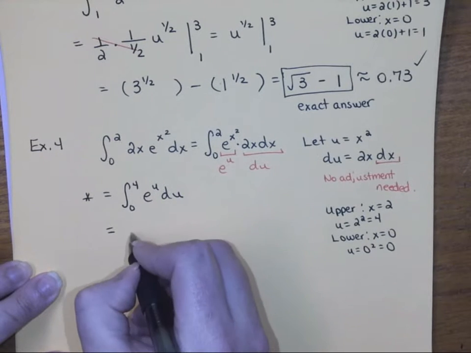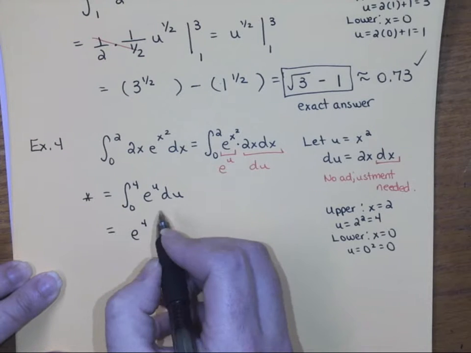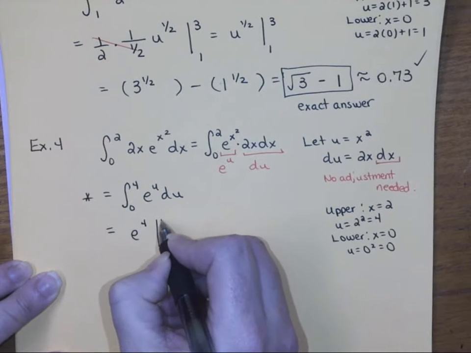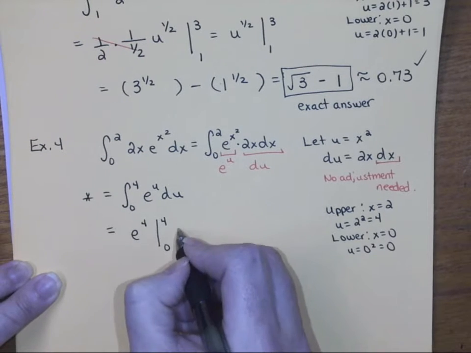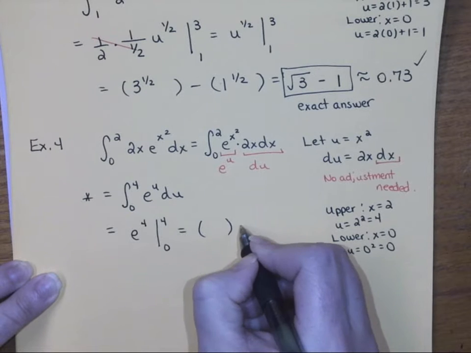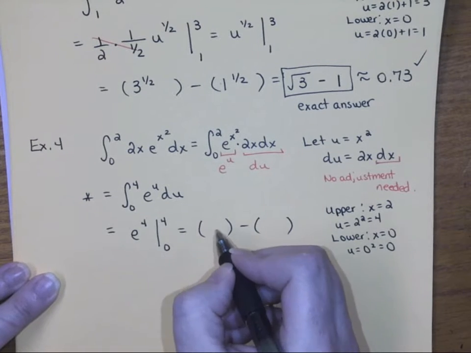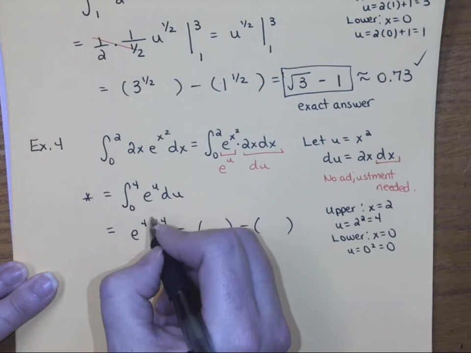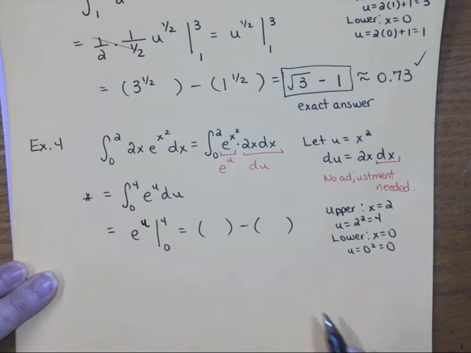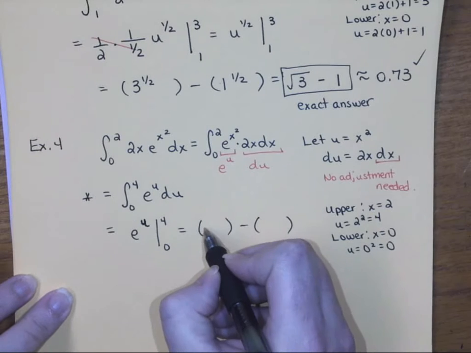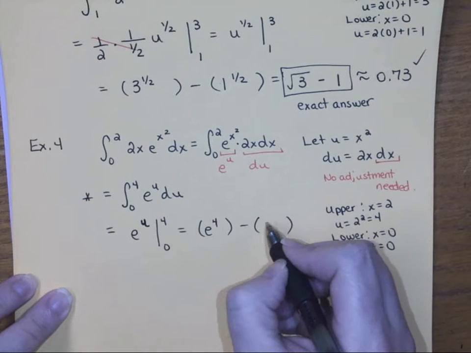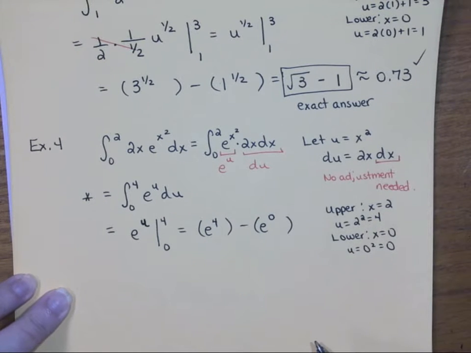So what's the antiderivative of e to the u? Just itself. And then don't forget we need to plug in 4 and 0 and subtract them. So we have something minus something else, right? I'm sorry, that should have been e to the u. I got ahead of myself. When we plug in 4, we will get e to the 4th minus e to the 0.